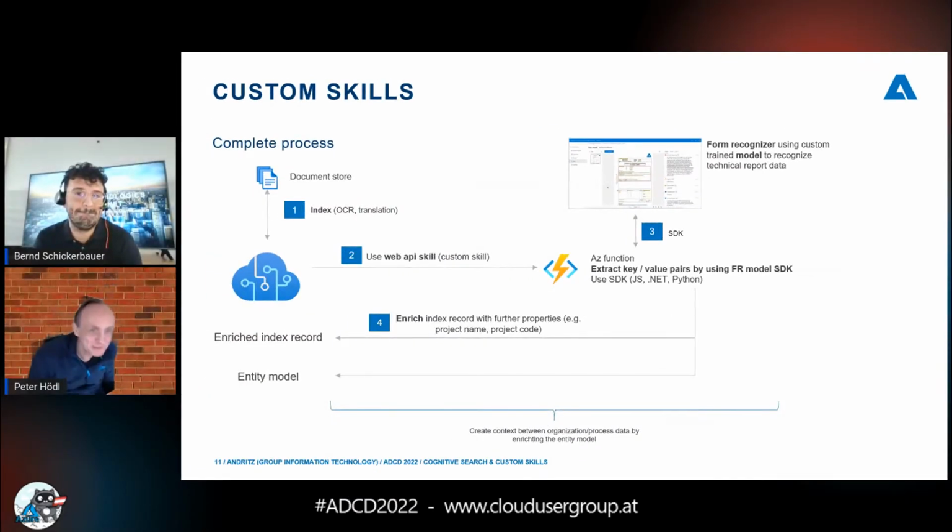After we trained our documents, which is done with the Form Recognizer, we have to connect it with the skill set pipeline. Hopefully you have been in the session from Tony in the morning, but just to explain a little bit what the skill set is.